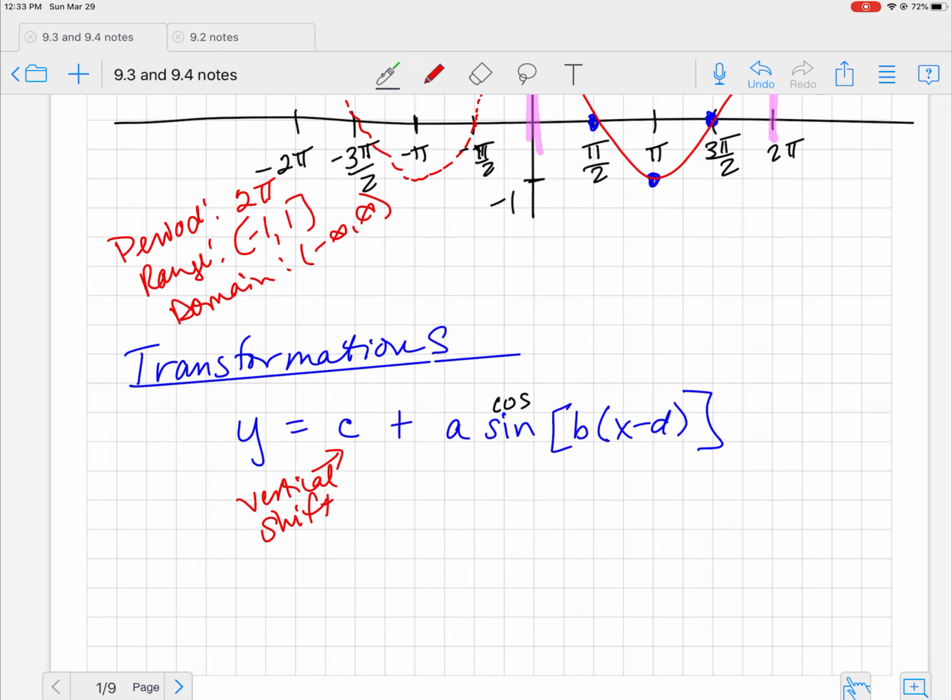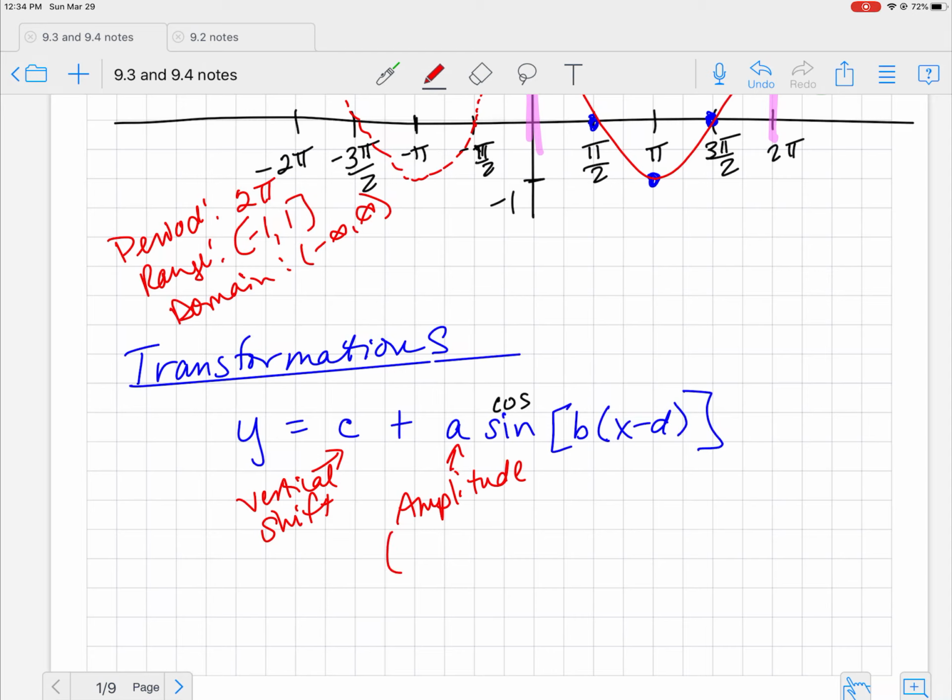All right, now, what if I have a number that's multiplied by my function? What did we learn that to be? Right, that's your vertical stretch and shrink. Okay, hopefully you guys are talking to me. I'm not just talking to myself.